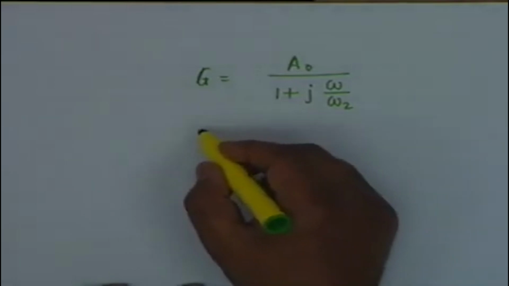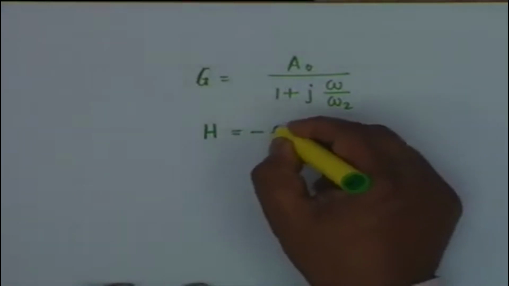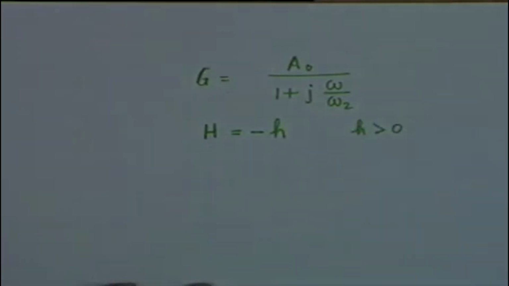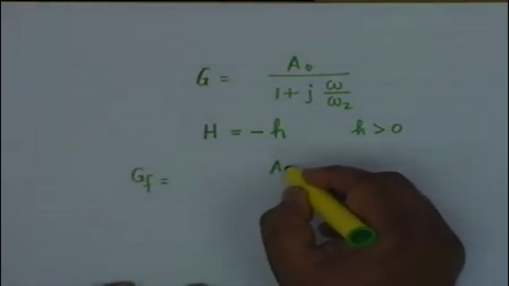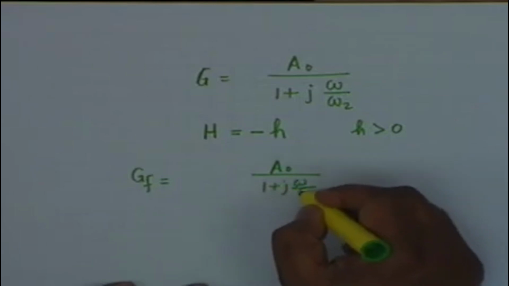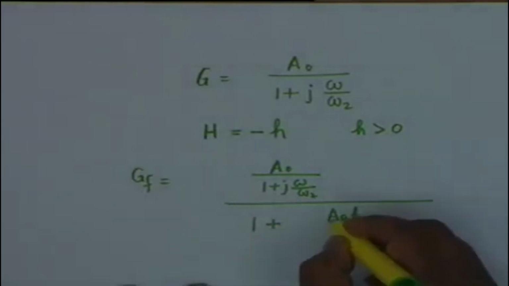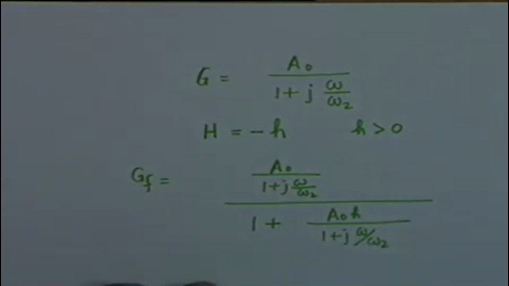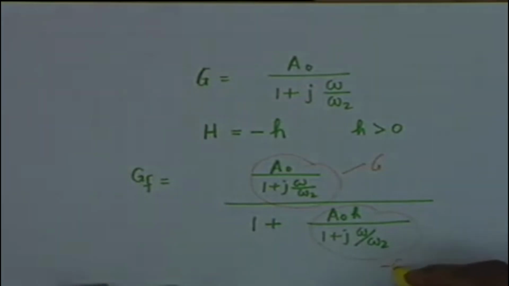Now, suppose you apply negative feedback, and suppose capital H equal to minus h, a constant, where h is greater than 0. Then your feedback gain becomes A0 divided by 1 plus j omega by omega 2, divided by 1 plus A0 h divided by 1 plus j omega by omega 2. Is that clear? I have simply written this as G, and this is minus GH.